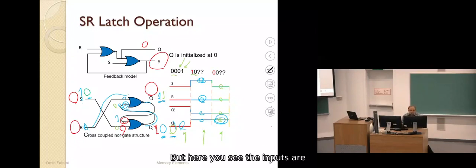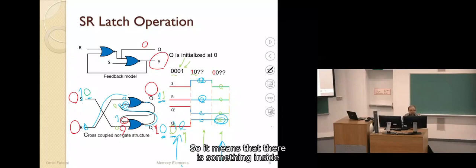But here you see the inputs are 0, 0 at both times, here and here, but the output is not the same. So it means that there is something inside the circuit that affects the output in addition to the inputs.